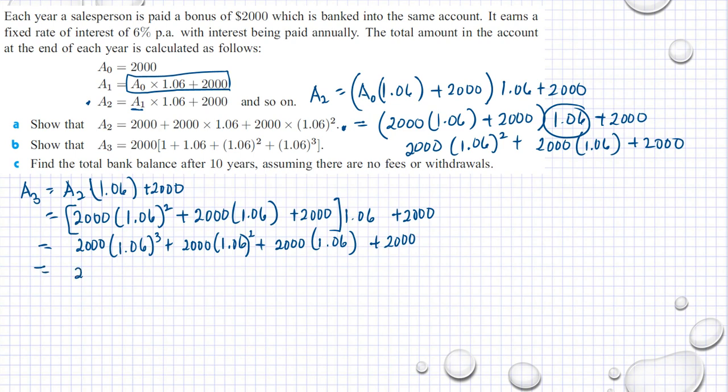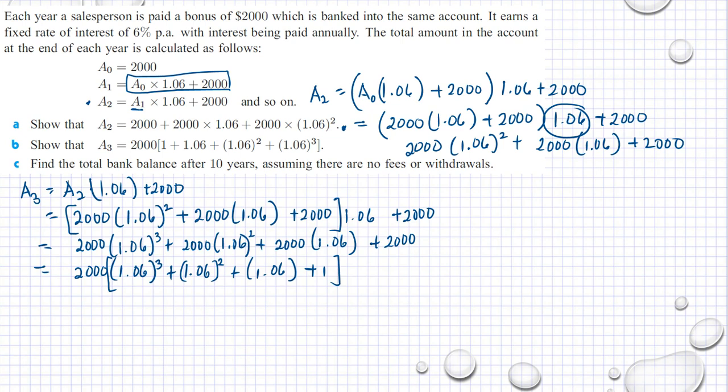Common factor: 2,000 multiplied by 1.06 raised to 3 plus 1.06 raised to 2 plus 1.06 plus 1. Then we have that one.